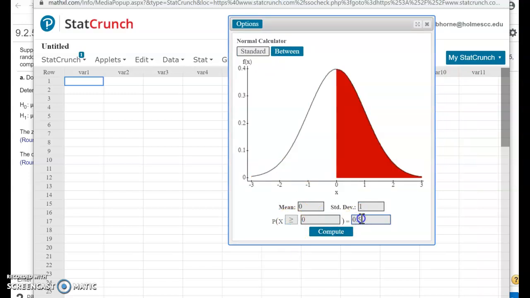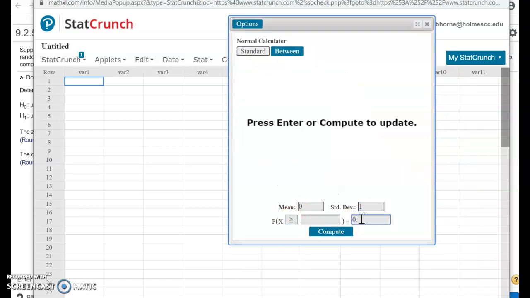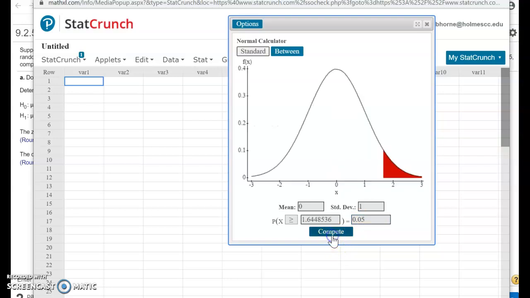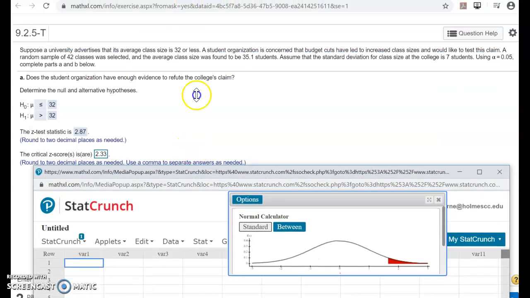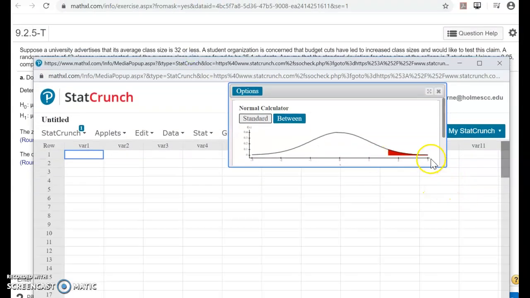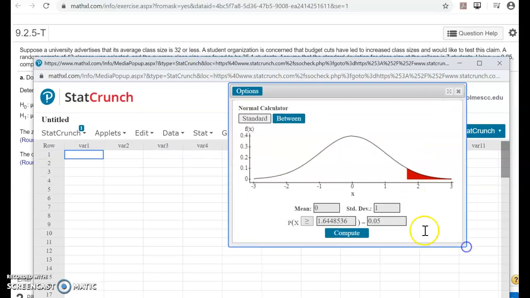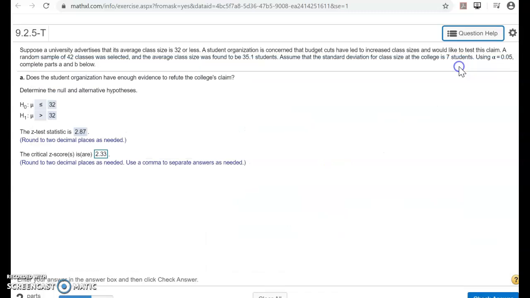And then you're going to put in 0.05 and click compute. And so your critical value, I believe we wanted your critical z-score, I believe we want to round to the second decimal place, so that would be 1.64.